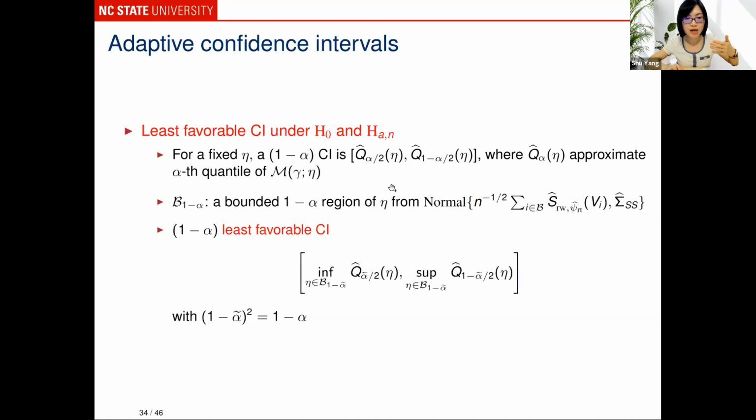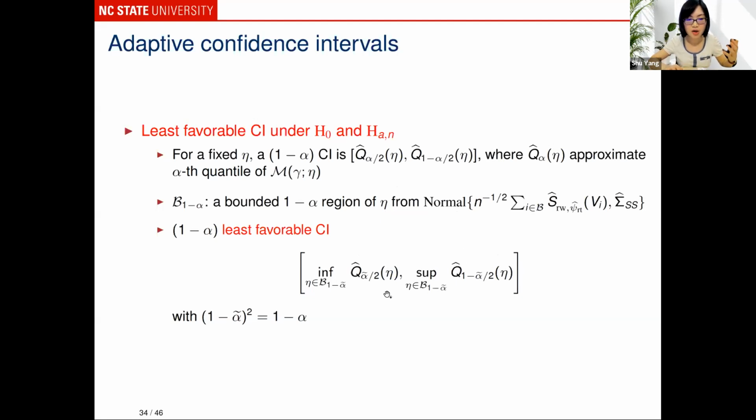So the solution here is we take a bounded area of eta. This area can be informed from the sampling distribution of eta hat. We construct a bounded 1 minus alpha region of eta, and then we take the infimum of the lower bound over eta in this region, and take the supremum of the upper bound over eta in this region.